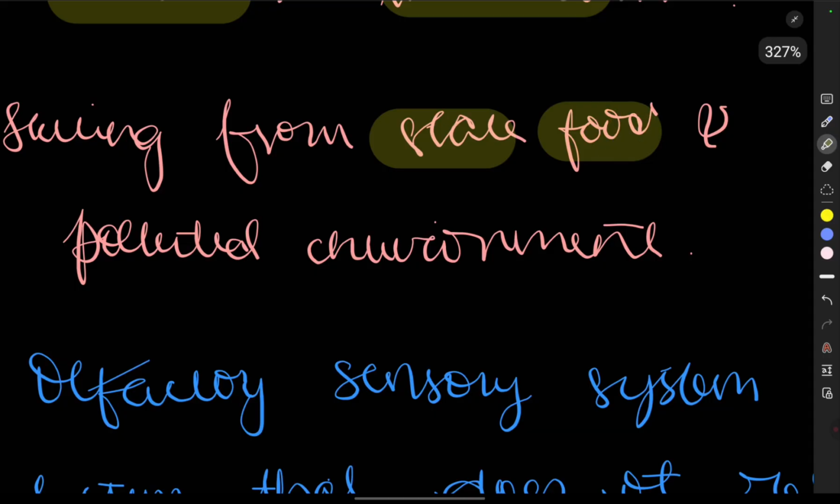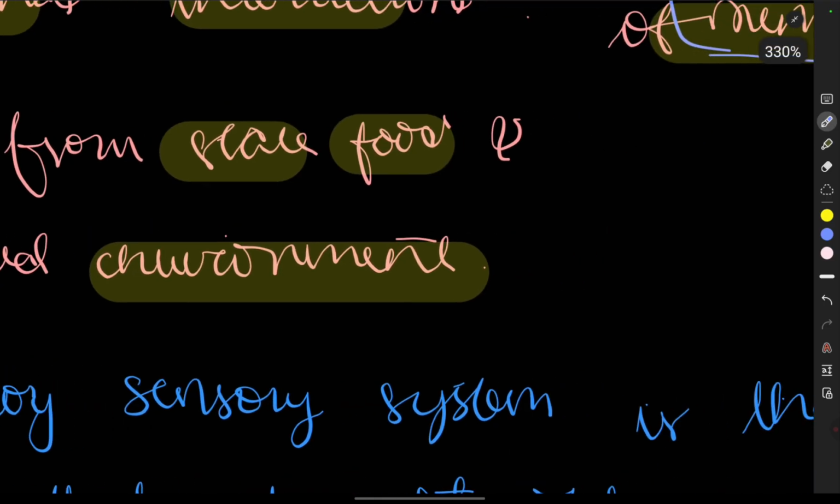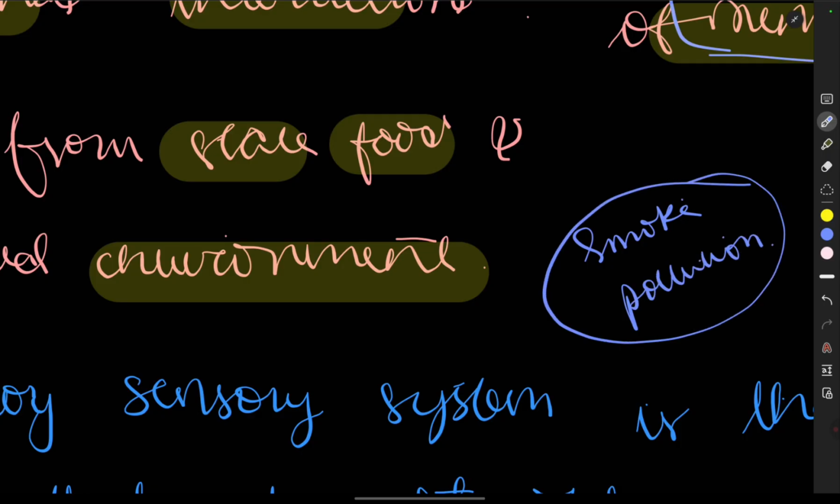It also helps in staying away from stale food, the food that is not good, the food that contains harmful chemicals, the food that is not good to smell or taste. And staying away from polluted environments. If you go to a more disturbed area where there is a lot of smoke and air pollution, it irritates your nose and the nasal cavity.